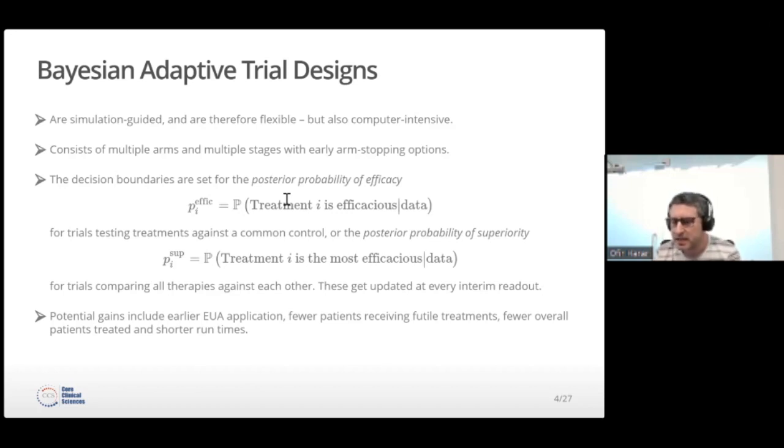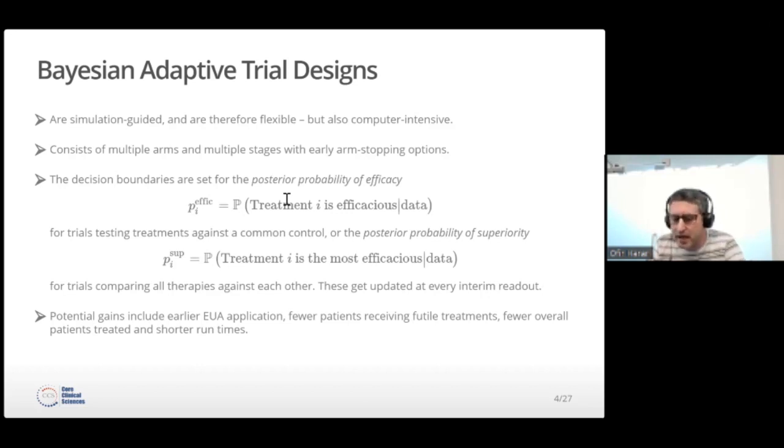That's the posterior probability that the treatment is effective, namely better than the control, given the data that has been observed. If that number is exceedingly high, we might stop recruiting patients to that arm and announce it effective and apply early, for example, for emergency use approval.